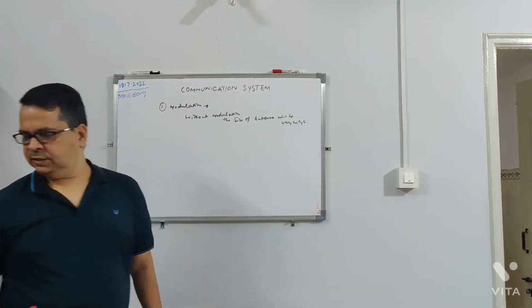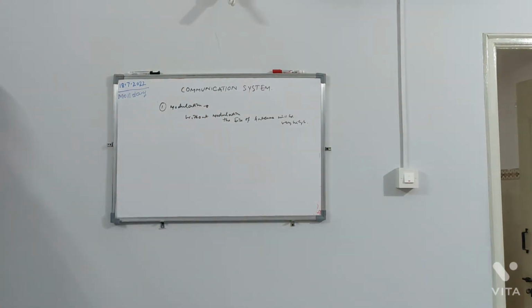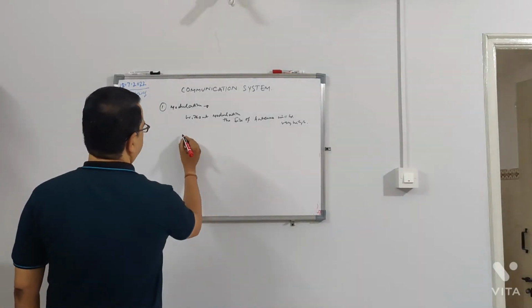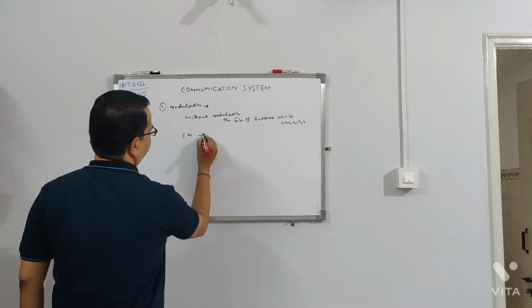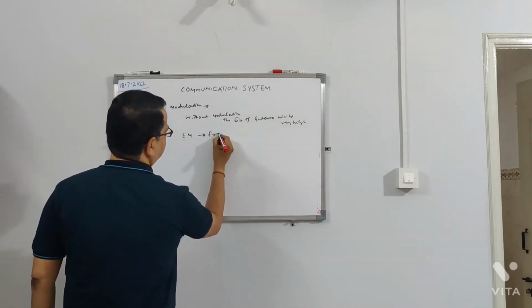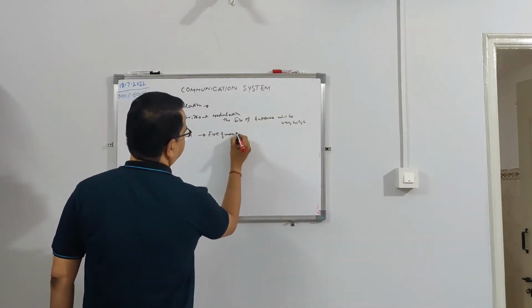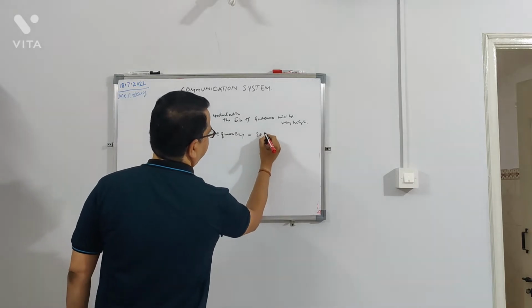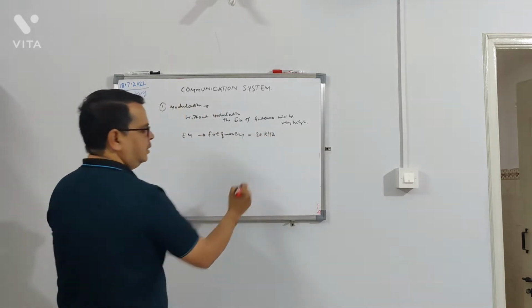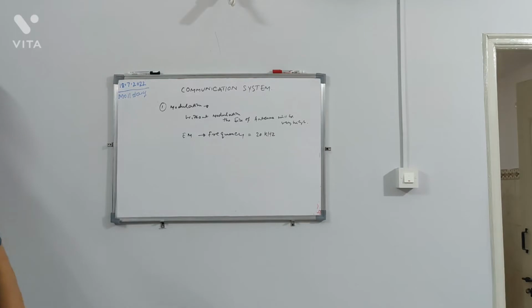So we'll take one example. For example, if you are transmitting an electromagnetic wave of frequency 20 kilohertz, okay. So let us say I have an electromagnetic wave whose frequency is equal to 20 kilohertz.